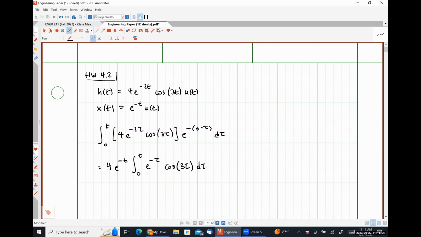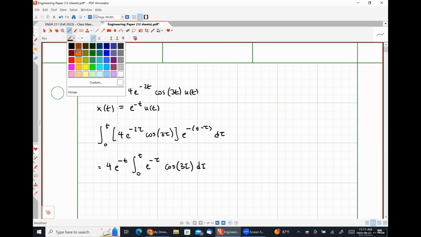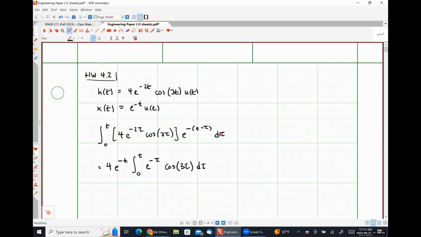So if we wanted to be more formal about things here, we would also have a u of tau and a u of t minus tau, and then a d tau. Okay?